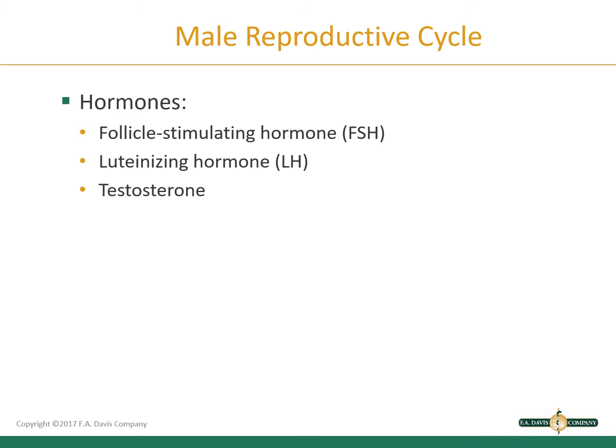And LH, luteinizing hormone, stimulates the production of testosterone, which is necessary to continue the process of spermatogenesis, or sperm production and maturity. Testosterone also is important in the development of your male sex characteristics, which include muscle mass and strength, fat distribution, bone mass, sex drive, that deeper voice, hair growth, and things like that.